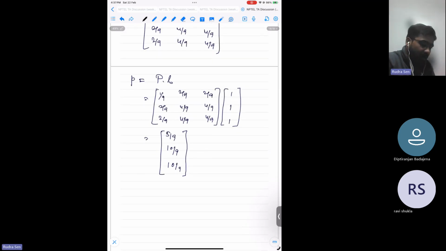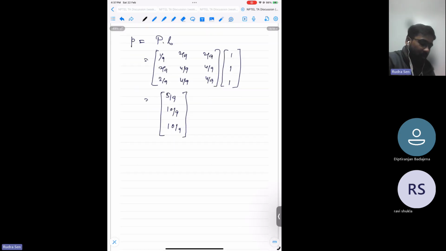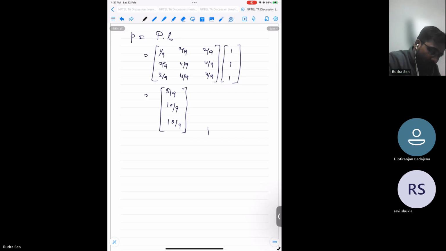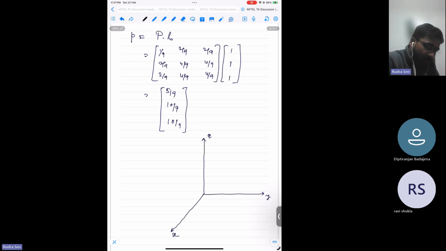So this is basically the projection. So that means if we see the picture, something like that, this is X, this is Z, this is Y, and this is X. We have 1, 1, 1.